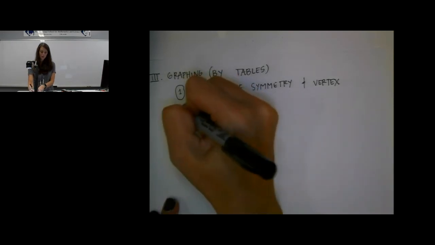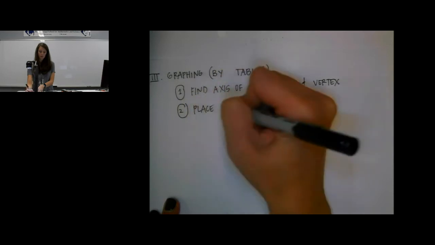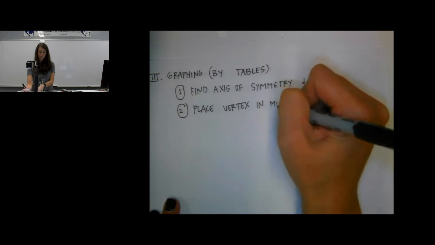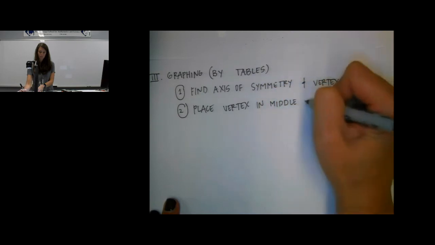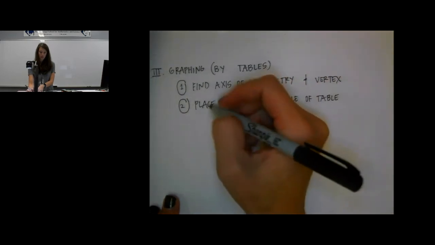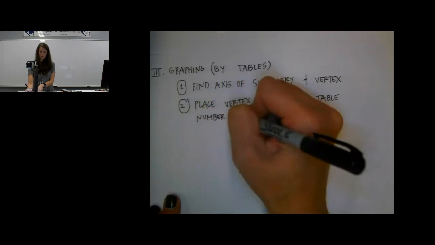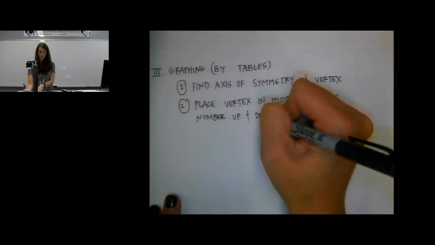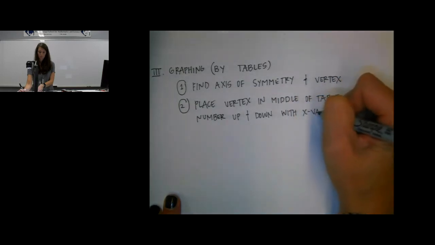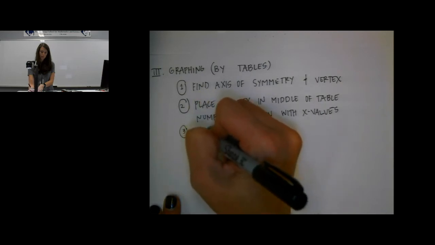Okay, so then you're going to place the vertex in the middle of the table, and number up and down. Okay, after you do that, then you will graph.